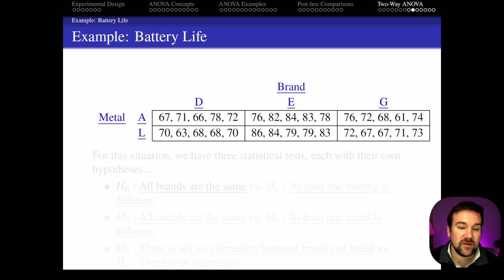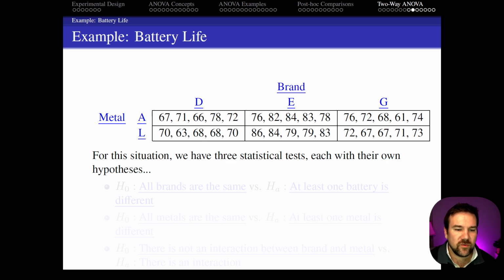And then for each one of these, I would just add a row to that. So for instance, in the bottom left, the metal would read L, the brand would read D, and the hours would read 70. And I would just keep going with all the rest.